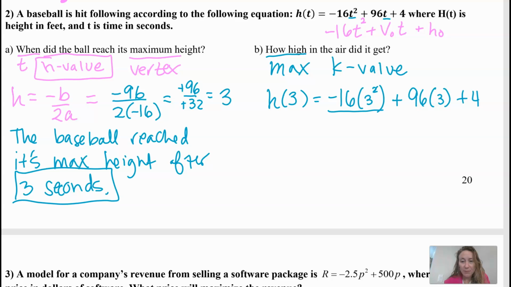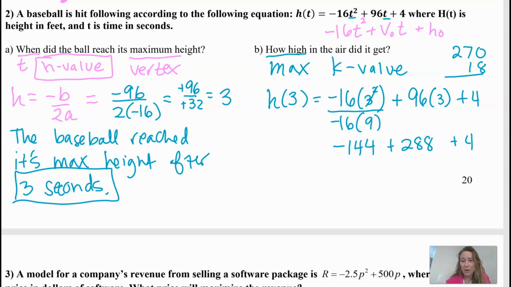So 3 squared is 9 times negative 16. That's going to be negative 144. 96 times 3, so 90 times 3 is 270. 6 times 3 is 18. So it's going to be plus 288 and then plus 4.